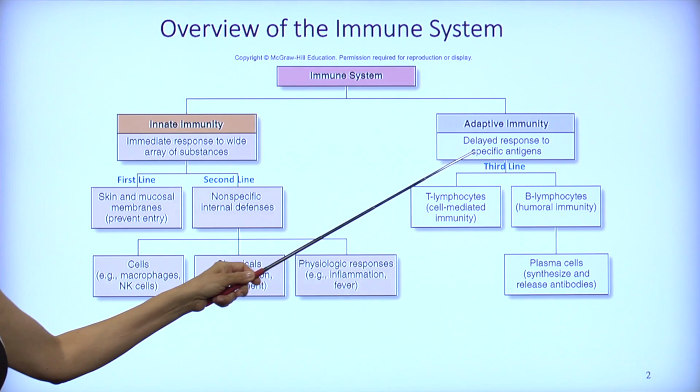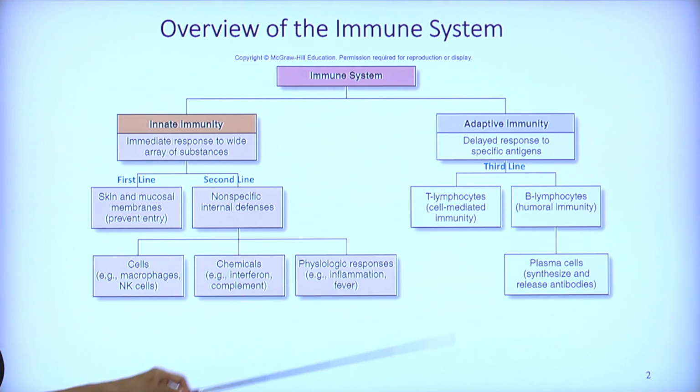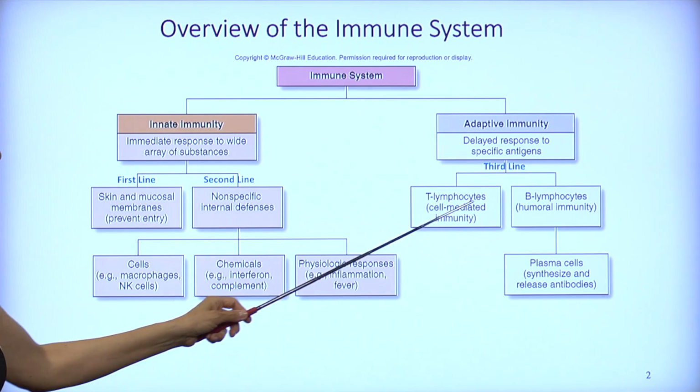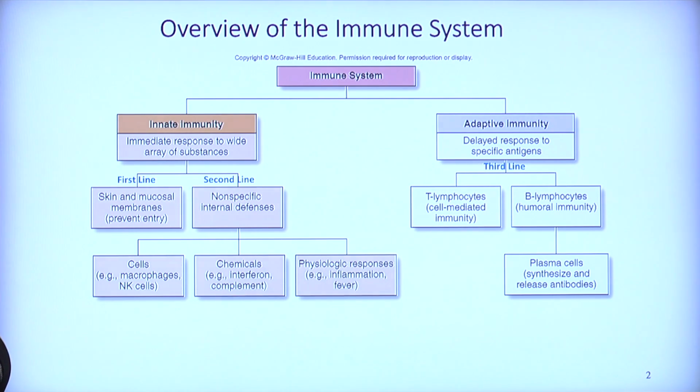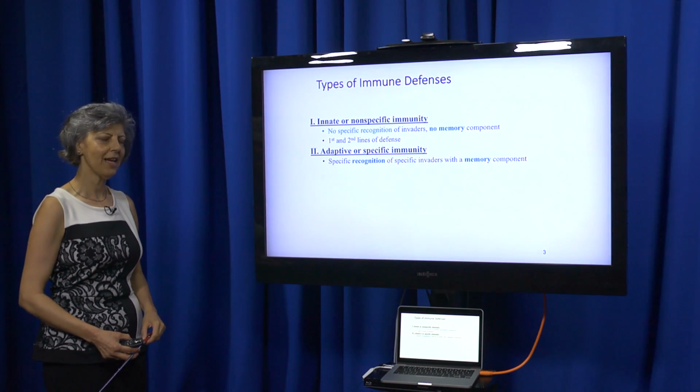With the adaptive, it takes a little while because the immune system is being exposed, it's starting to recognize the antigens, and there's a little time for activation of the B and the T lymphocytes, as we will see. So when we talk about the adaptive immunity, there are two very important parts. Number one, it has the ability to recognize specific antigens.